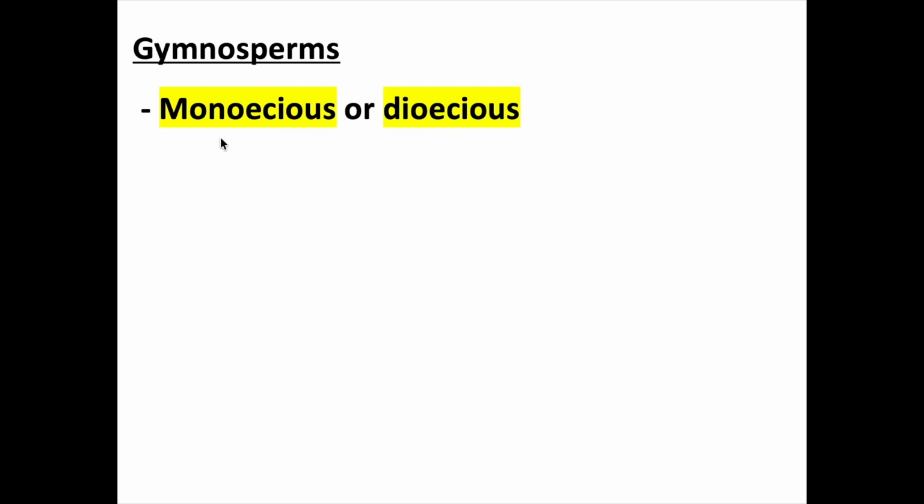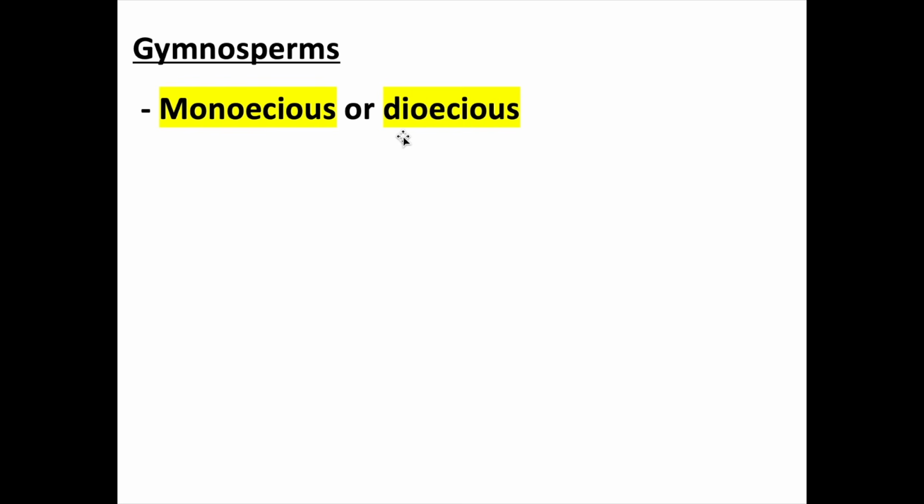So without even reading the key terms, we can maybe guess what this means just by looking at the prefixes here. Monoecious. Mono means one. This means there's only one type of plant. If there's only one type of plant, that means there must not be male and female plants. You have to have male and female structures on the same individual.